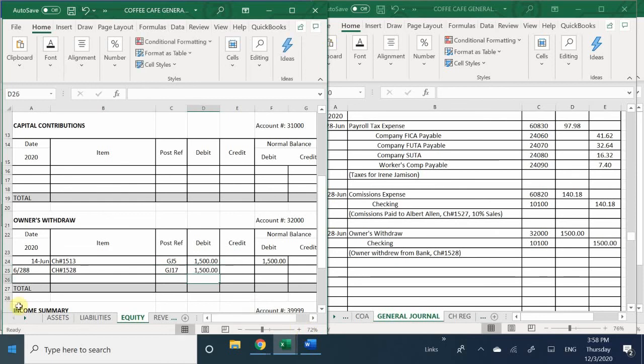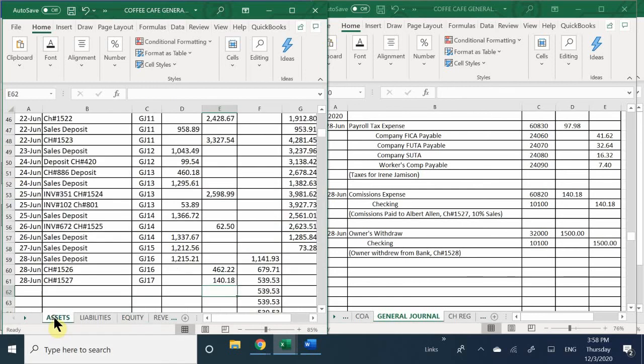I don't have my formula here, so we need to fix this. Now the total in that is $3,000.